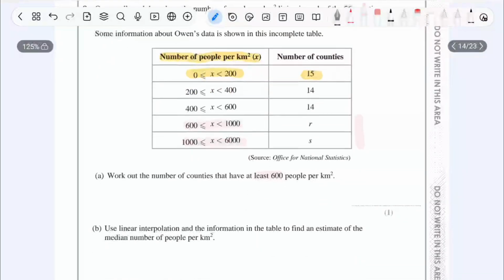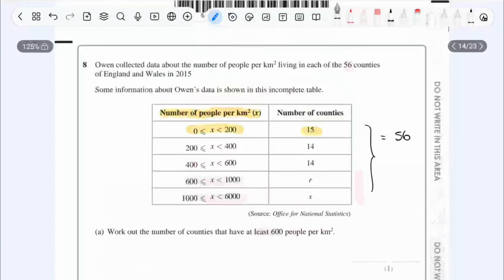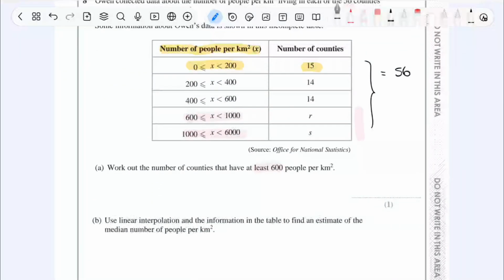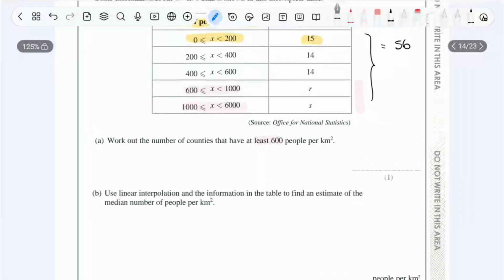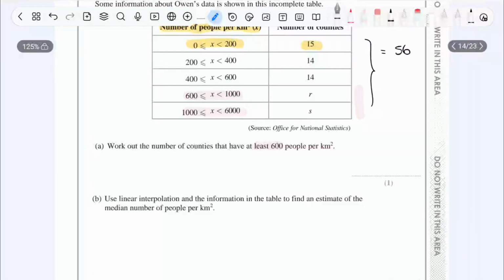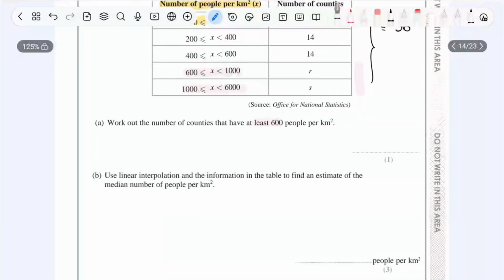Now, you should know that in a grouped frequency table, all of these values should sum to give 56 because the total number is 56 counties. So we know all of this is equal to 56. So we can formulate an equation, and you could say that 15 plus 14 plus 14 plus R plus S equals 56.